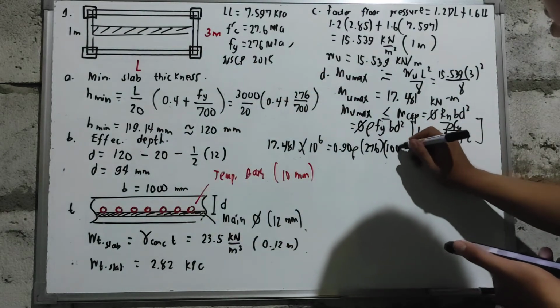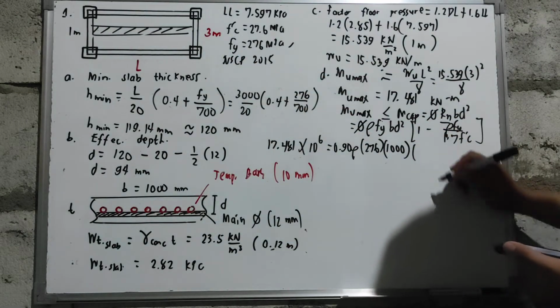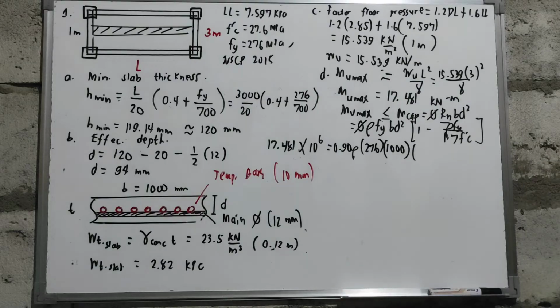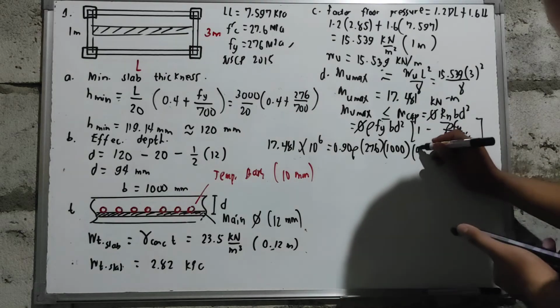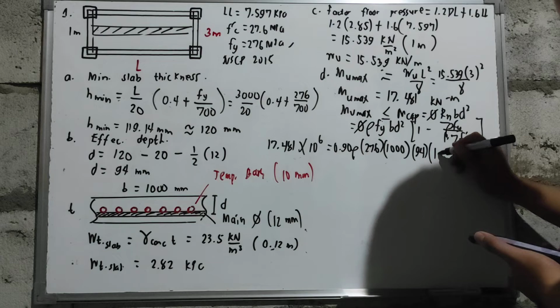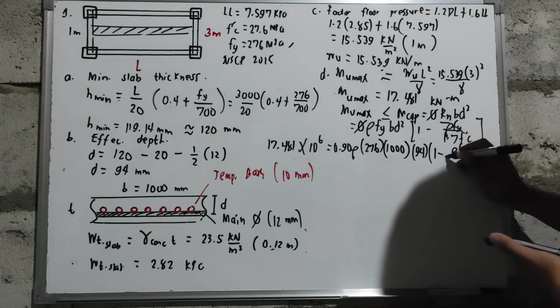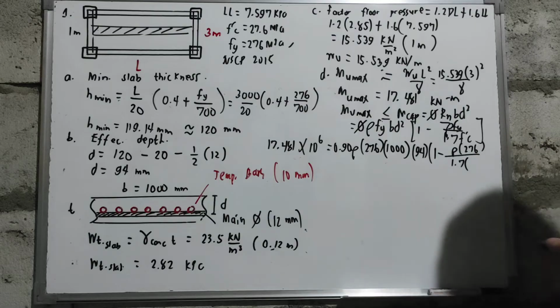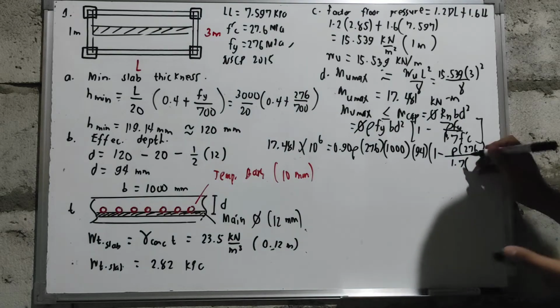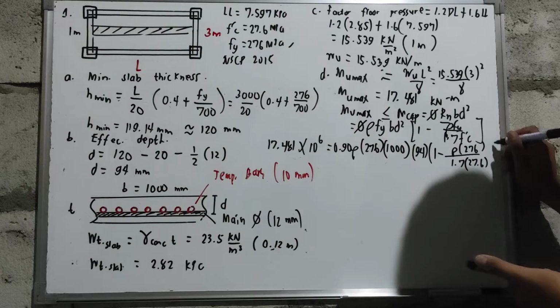So ito yung 1000 mm multiplied by yung D na na-compute natin, which is equal to 94 squared, multiplied by 1 minus rho multiplied yung Fy natin na 276 over 1.7 na F prime C. So yung F prime C natin, that is 27.6.